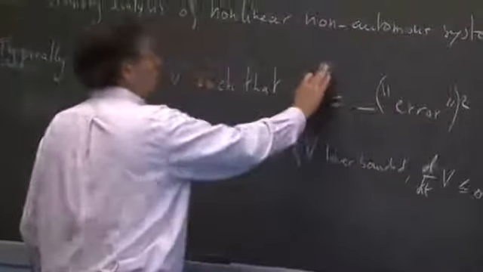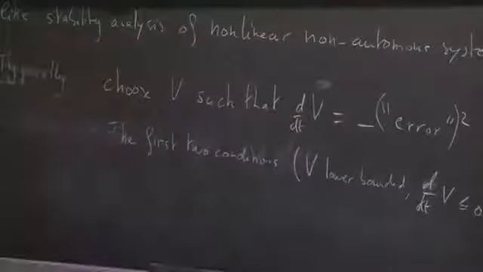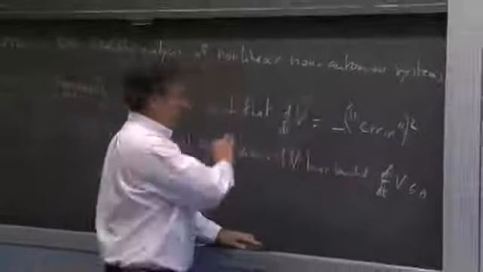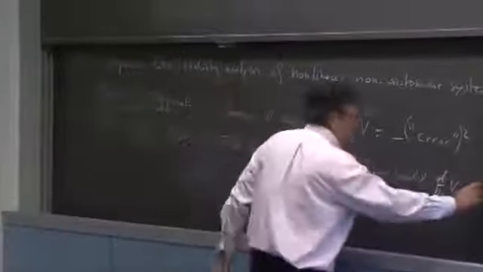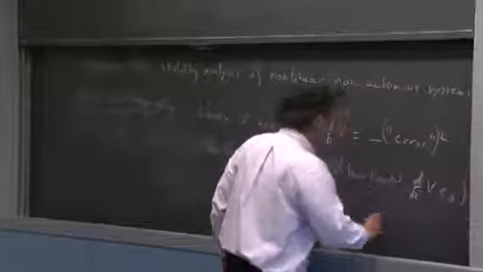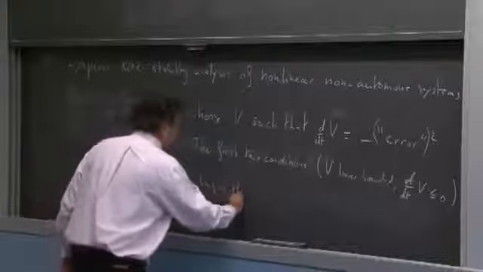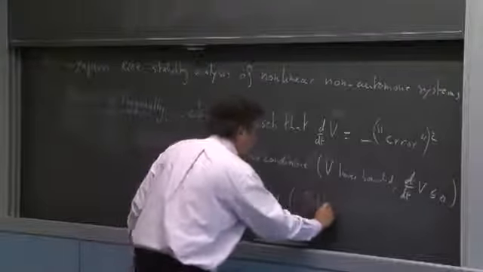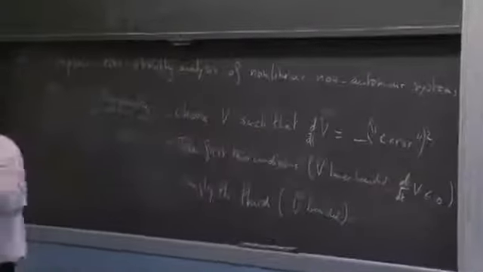Just to be clean, let's just call it d over dt of v, otherwise it might be a little confusing at this point. So v lower bounded, time derivative of v less or equal to 0, imply the third, namely that v double dot is bounded. I'm saying typically, okay?